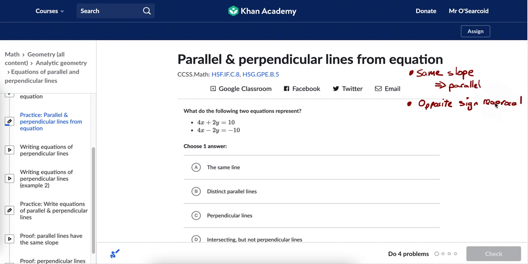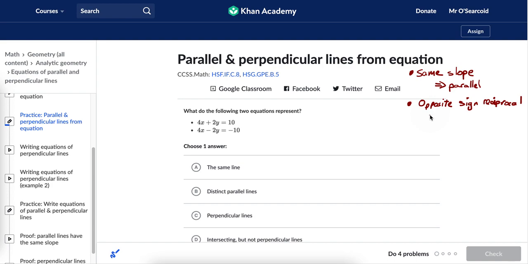For those of you who are unfamiliar with these terms, the opposite sign reciprocal means that if it's positive, it's going to be negative. If it's negative, it's going to be positive. And the reciprocal means that the fraction is flipped over, so the numerator is now in the denominator and the denominator is in the numerator. If you remember your fraction division rules in 6th grade, you learned keep, change, flip.